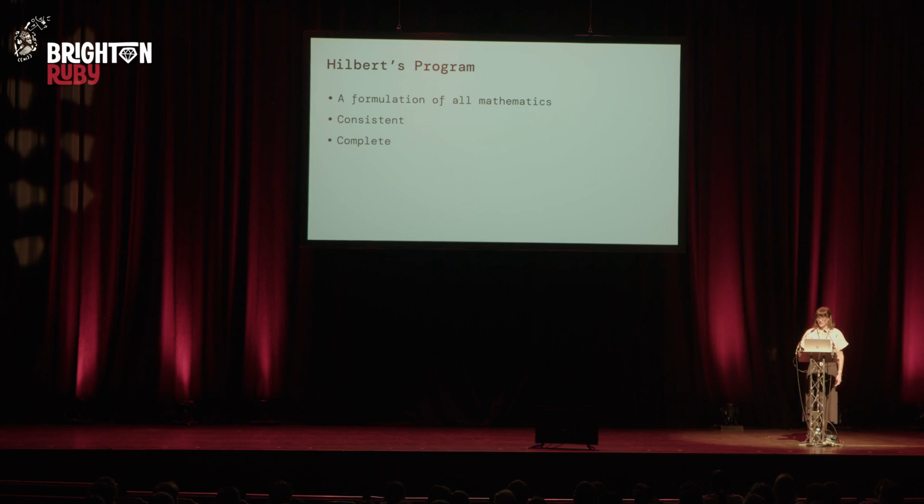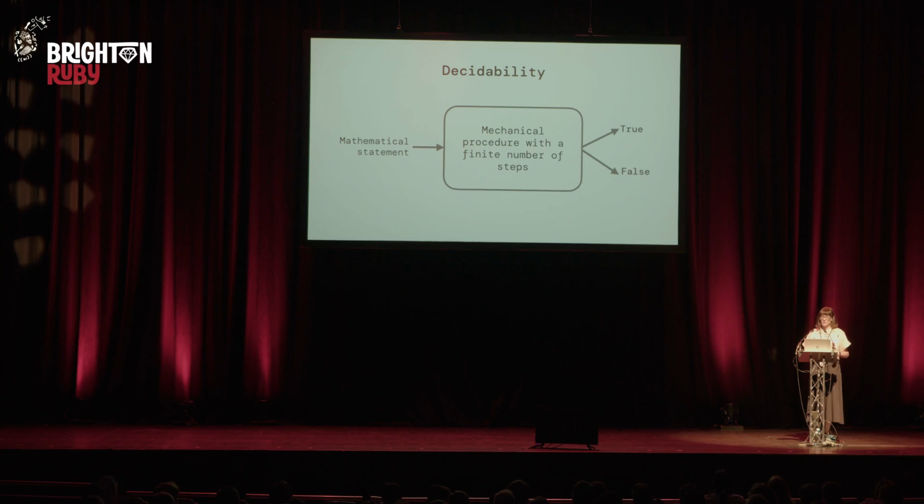And crucially for our story, he introduced another requirement, decidability. This means that we could find an algorithm, a sort of mechanical procedure, to determine the truth or falsity of any mathematical statement. This idea of decidability was particularly ambitious at the time because the very concept of algorithm didn't exist. It wasn't rigorously defined.